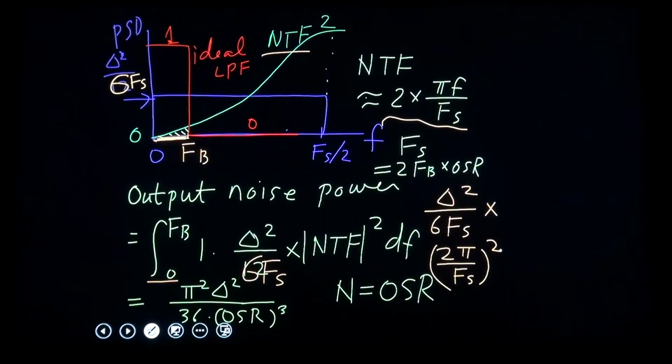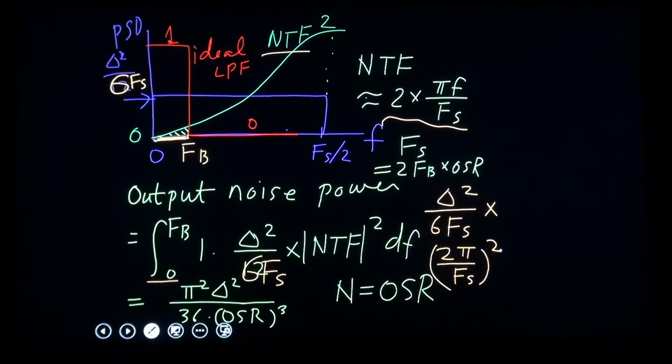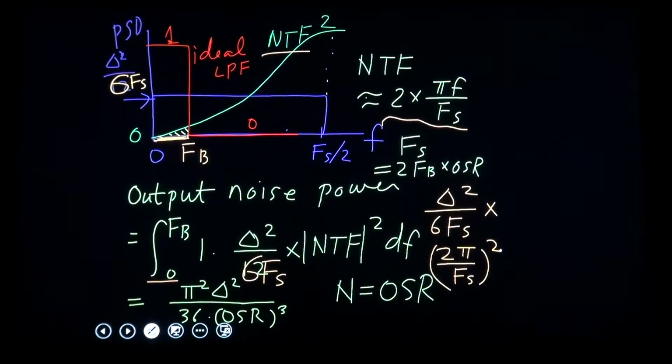Then we multiply this NTF square, we have f square left here, times the integration from 0 to fb of f square df.